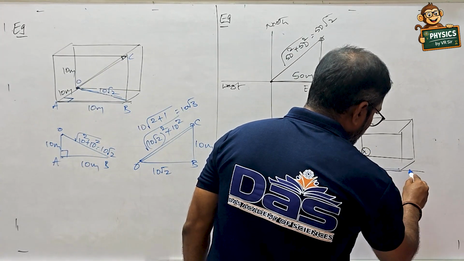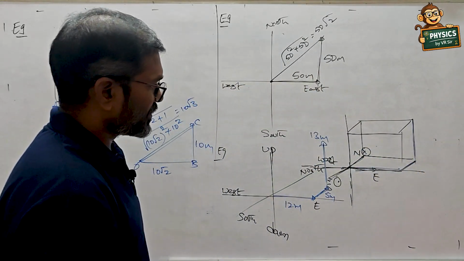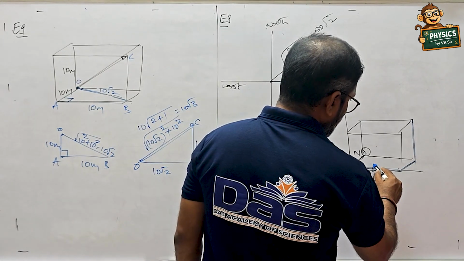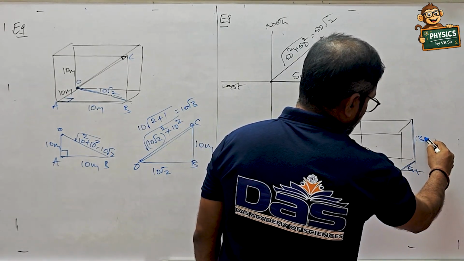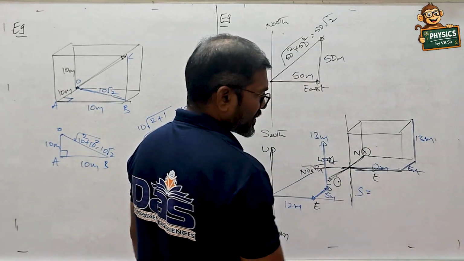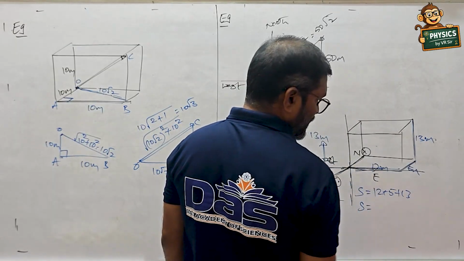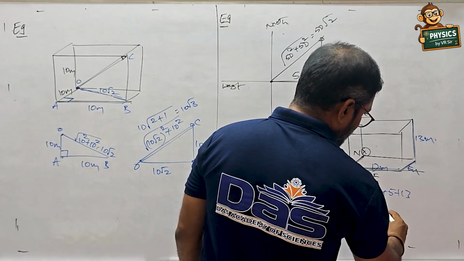This is east, north, and up, isn't it? And how much is this distance? This is 12 meters, 5 meters, 13 meters. So what is the total distance traveled? Total distance is nothing but 12 plus 5 plus 13, so the total distance is 30 meters.